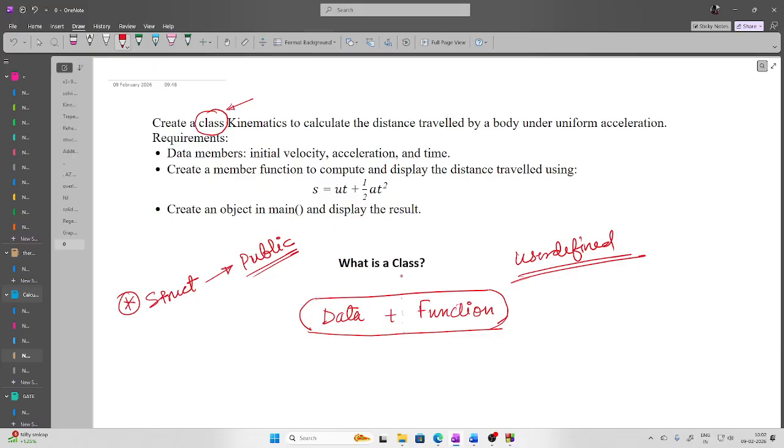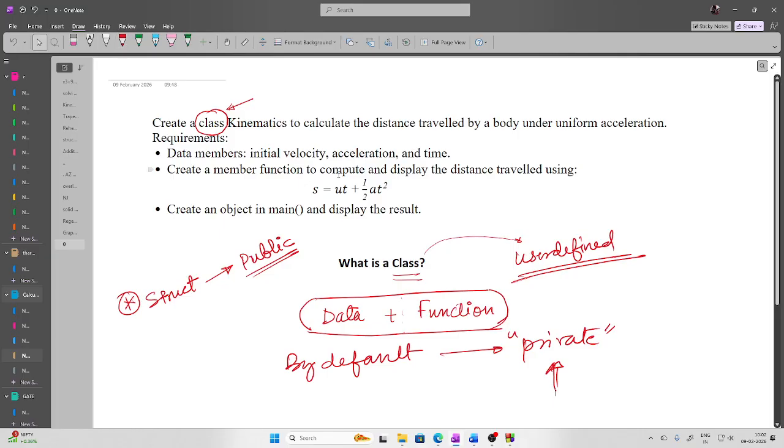A class is a user defined data type in which data and functions are both kept, and by default everything is private. Remember this. This is very important: by default everything is private in a class. That means if you want to access anything from that class, it is not permitted until you make that part public.